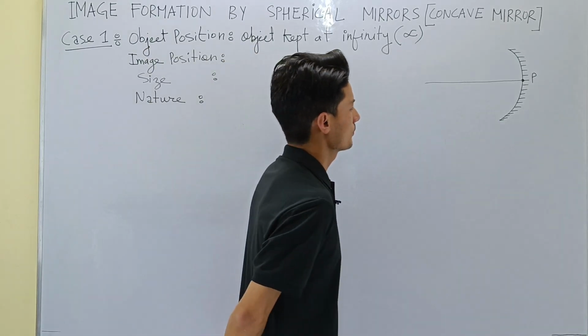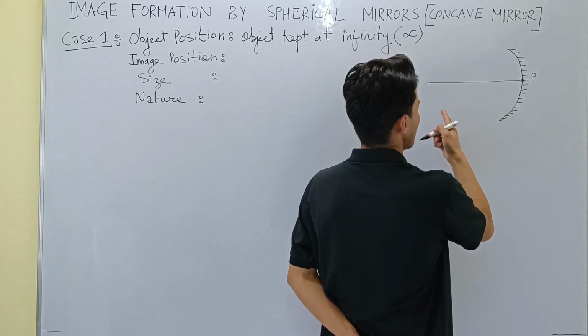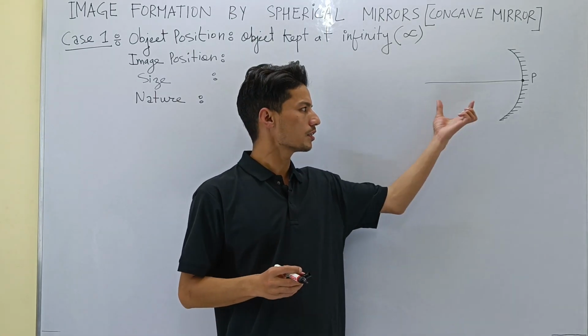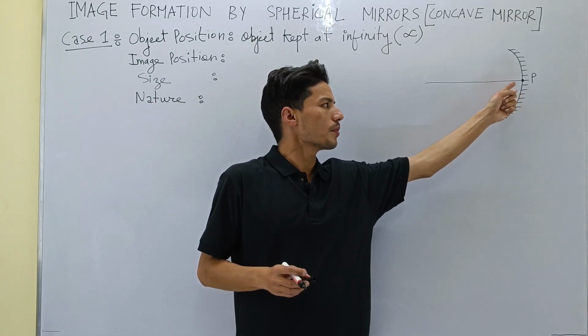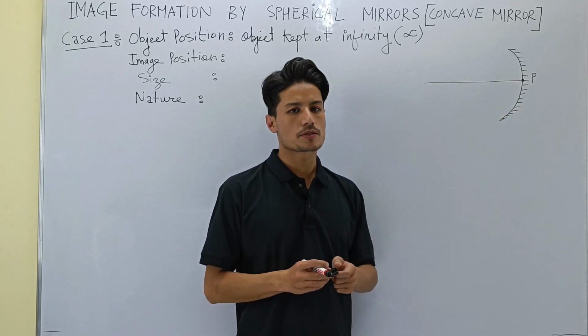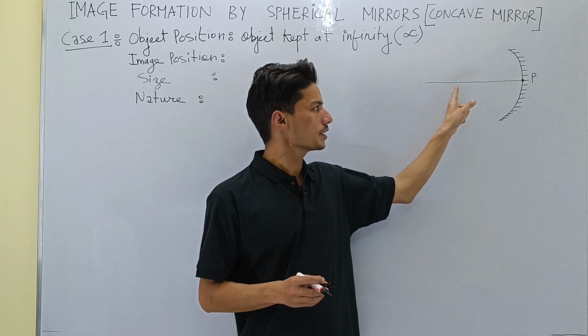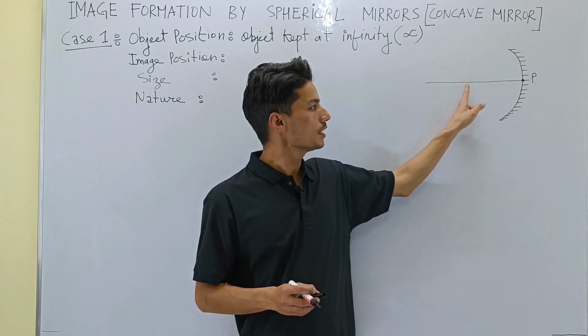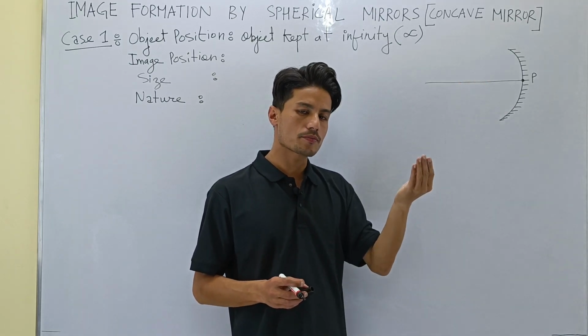The first thing that we will do is mark the points on the principal axis. Remember, the center of curvature is a point on the principal axis. The focus is also a point on the principal axis.